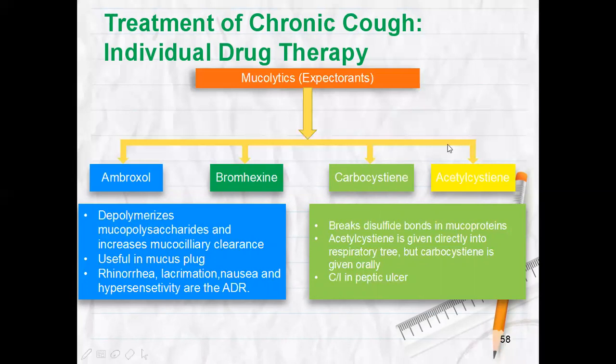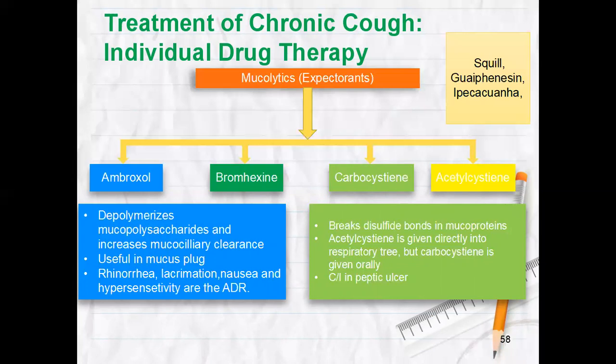Now, the thing to be noted here is that acetylcysteine must be given directly into the respiratory tract, whether by inhalation or nebulization. However, carbocisteine is given orally. And the contraindication of carbocisteine is in patients with peptic ulcer disease.